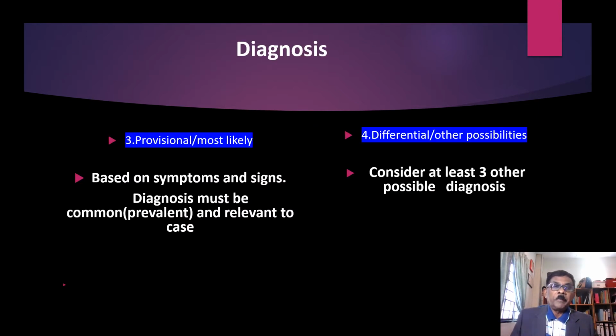With this summary, you then consider the diagnosis. You come to the most likely diagnosis, or the provisional diagnosis, which is only one. This provisional diagnosis must be based on the symptoms and signs alone that you get from the case scenario or from the patient, and this diagnosis must be common and prevalent and relevant to the case.